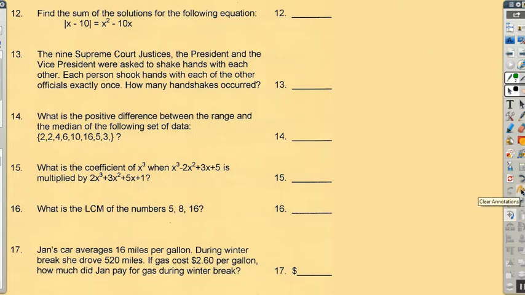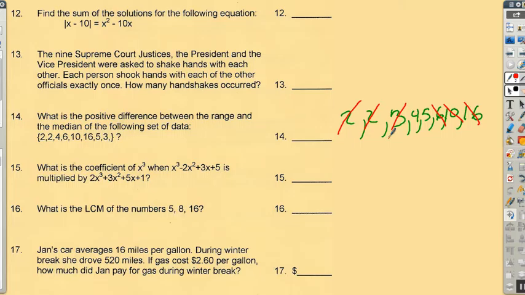All right. What is the positive difference between the range and the median of the following set of data? Well, we have 2, 2, 3, 4, 5, 6, 10, and 16. 1, 2, 3, 4, 5, 6, 7, 8. 1, 1, 2, 2, 3, 3.